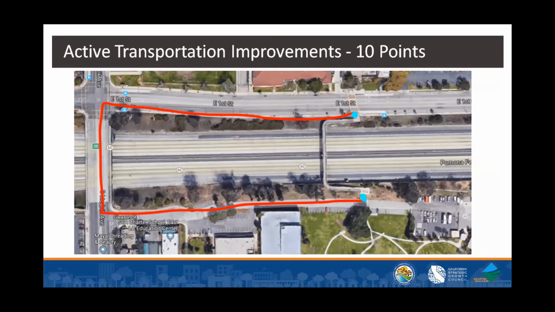This is an example of the gap closure that we wanted to go over. If you can see in the picture, that overpass bridge wasn't there, and the measurement based on our guidelines, we'll go over it in detail.